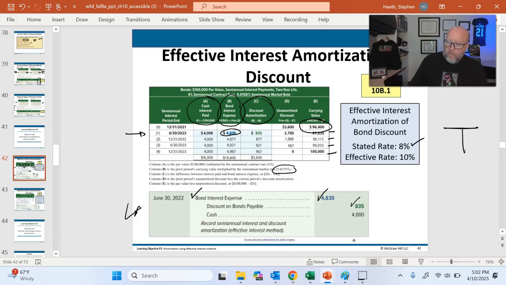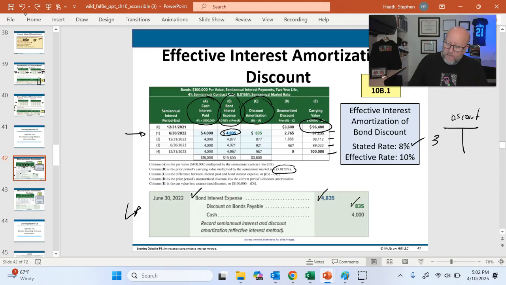Second, my amortization on the discount is a credit of 835. And think about it. Remember, if I issued it at a discount, right? The discount has a credit balance of 3,600. The discount is a contra liability account. I'm killing myself. I messed that up.